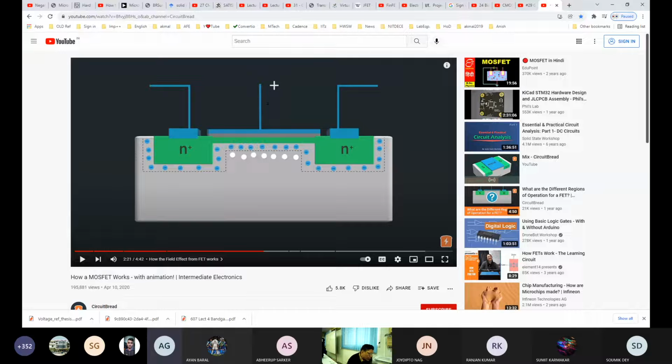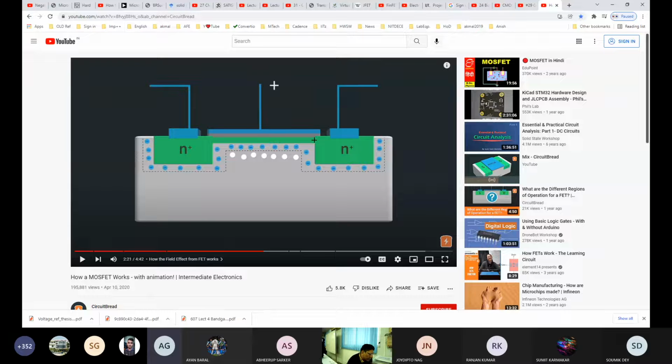So when you apply a gate voltage defined as the threshold voltage, then the channel will be created in the P-type substrate. So it's a P-type material, and by applying some potential, that's called field, you have created a layer of electrons connecting the source and the drain. Okay, so this is the layer of electrons that is created.